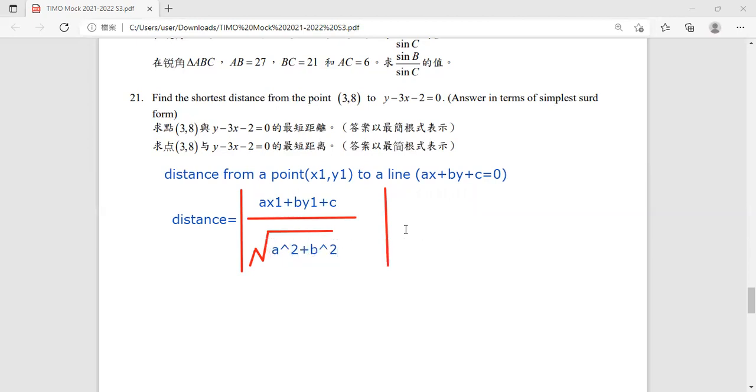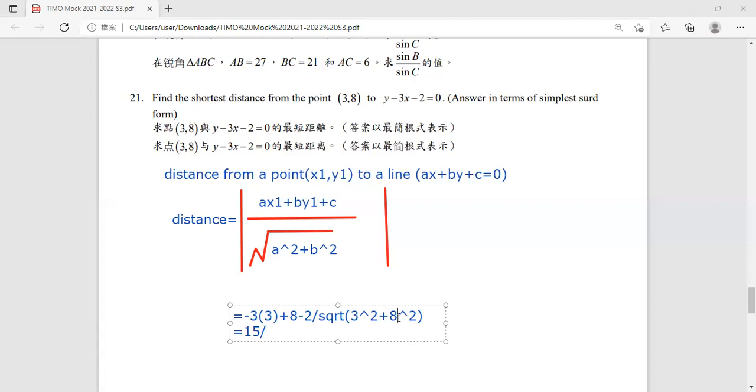Then you just substitute. Now this time, it is 15 over, no, this 36.